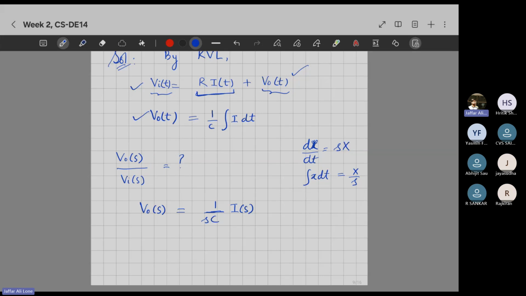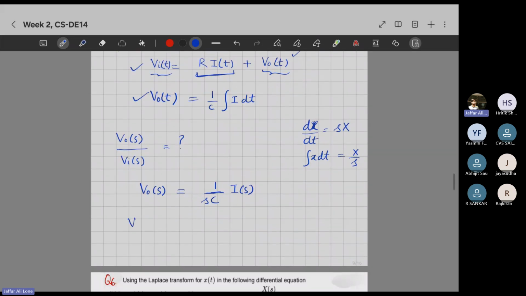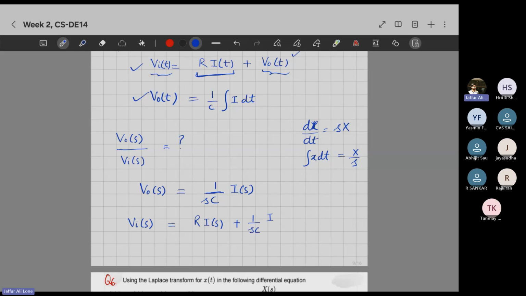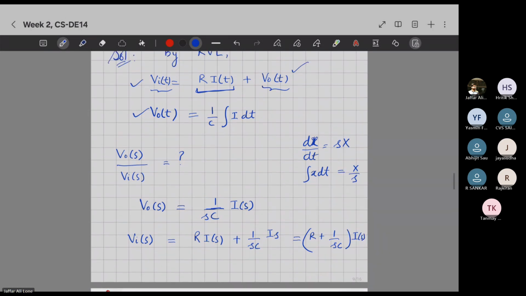Now let's find the Laplace transform of Vi. Vi(s) is R into I(s), plus Vo, which is 1 by sC I(s), which equals R plus 1 by sC into I(s). Just divide Vo by Vi and you will get the answer.